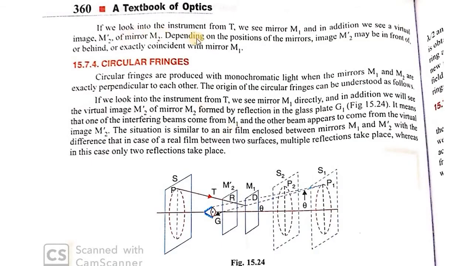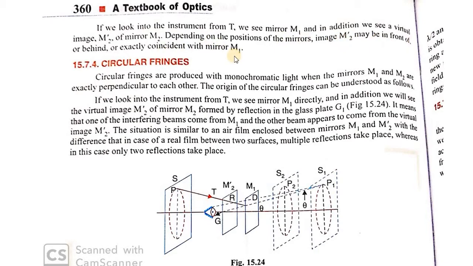And if we look into the instrument through the telescope T, we can see the mirror M1, and in addition we can see a virtual image of mirror M2 that is named M2 prime. Depending upon the position of these mirrors, the image M2 prime may be in front, behind, or exactly coincident.